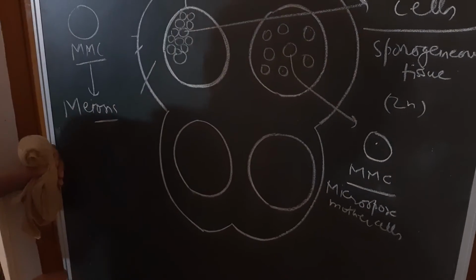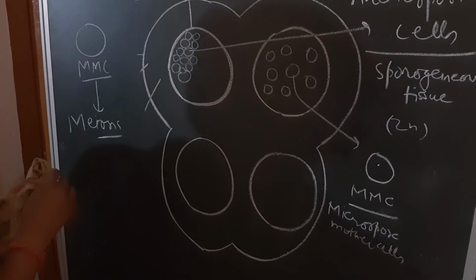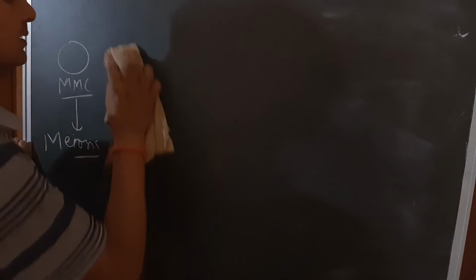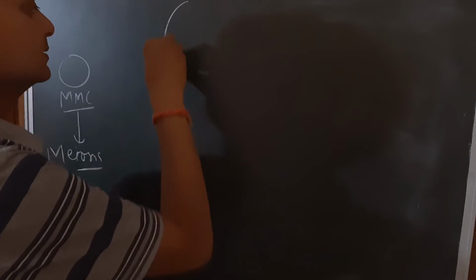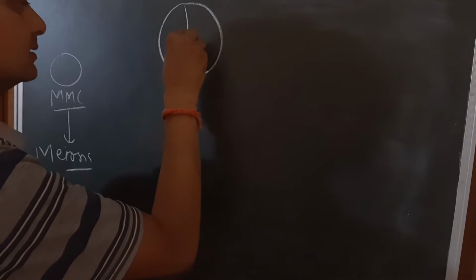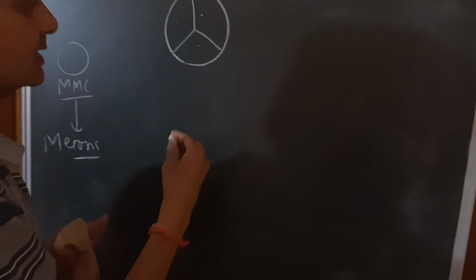There are various forms of the 4 cell cluster. The tetrad which is formed can be of different arrangements. One will be like this, where we are able to see 3 on one side and the 4th one on the other side.